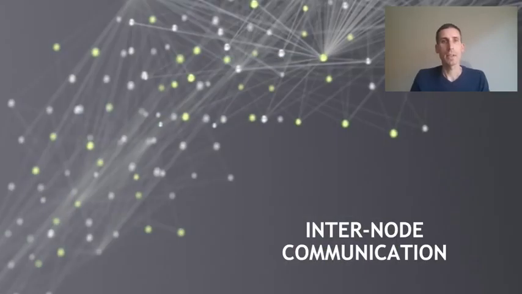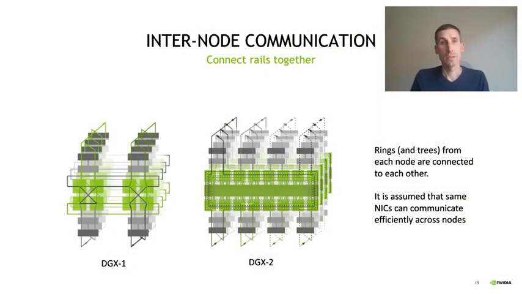Now let's look at how we connect nodes together through the network. So for rings, it is actually quite simple. We just connect nodes in a ring manner as well, so that the output of a node will go to the input of the next node, and then the output of the next node to the next node, etc., until we loop back to the first node. You can see here that each ring is actually following the NICs.